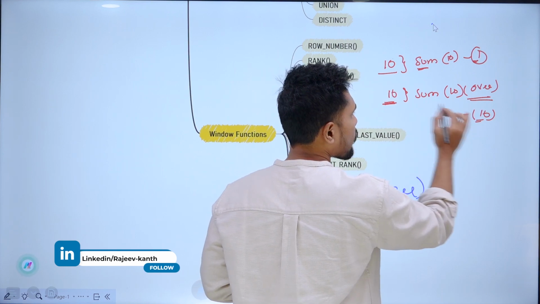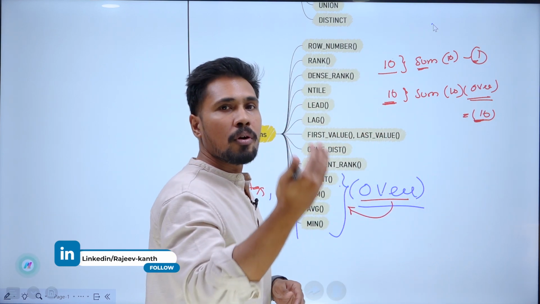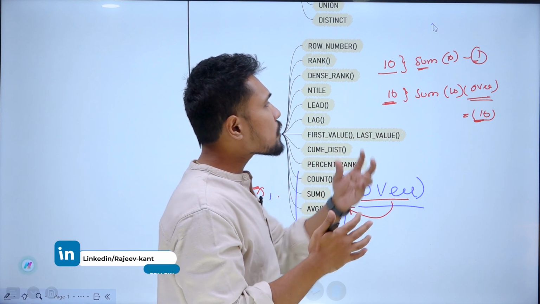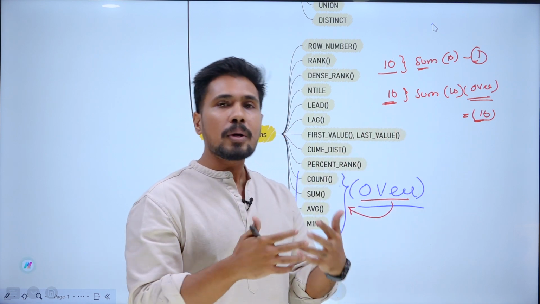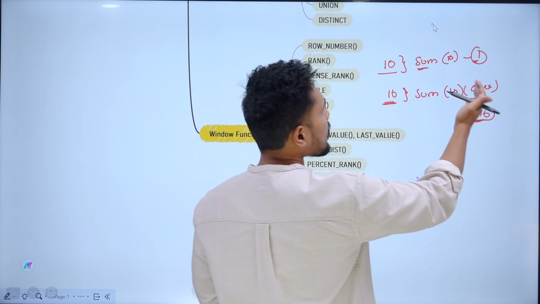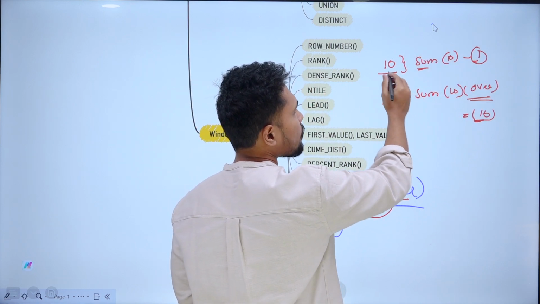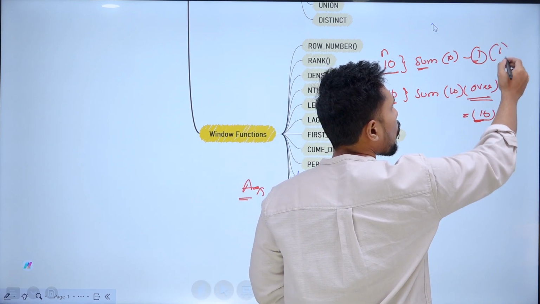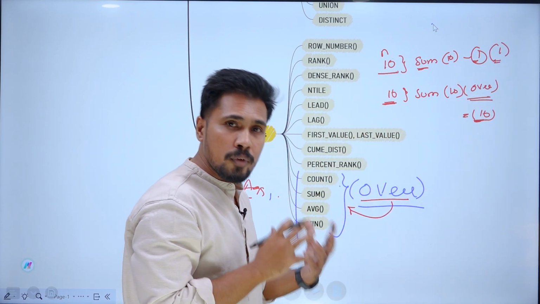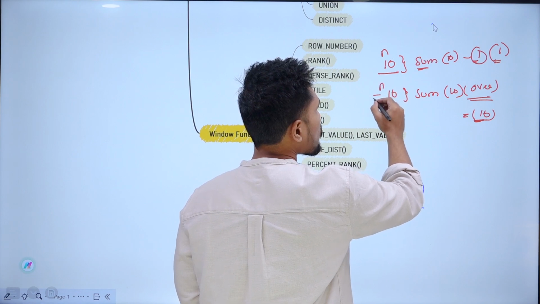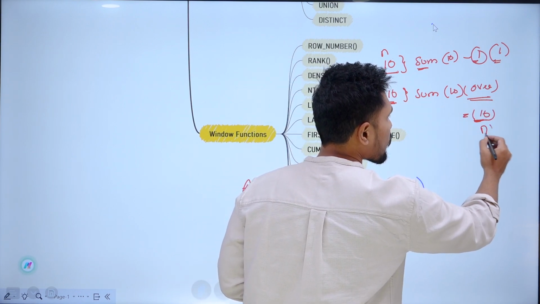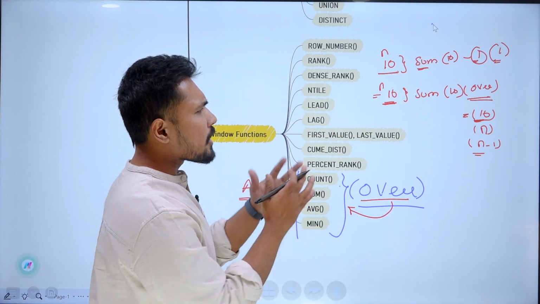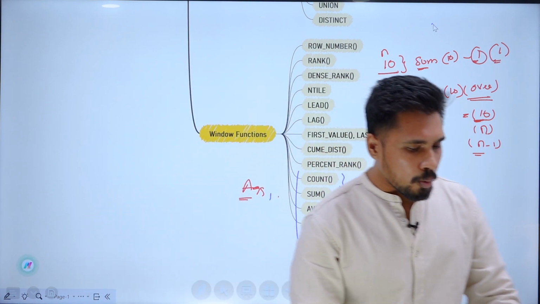So for 10 rows, you get 10 rows as output, or sometimes n-1 or n-2, based on the type of operation you perform. For aggregate functions, if you give n rows as input, you mostly get one row as output. But for window functions, if you give n rows as input, you get n rows or n-1 rows as output. So n-1 or n-2.